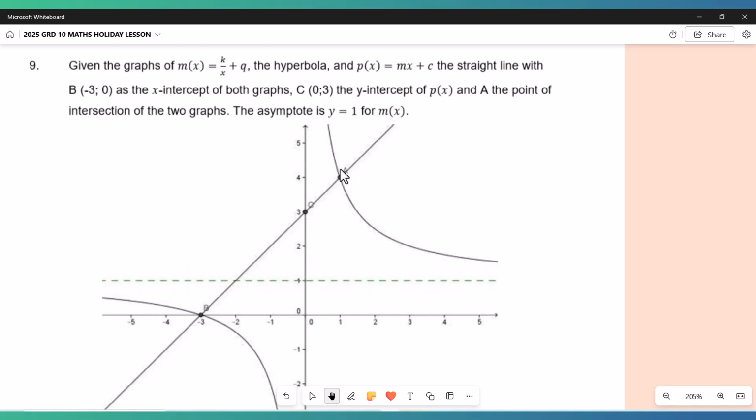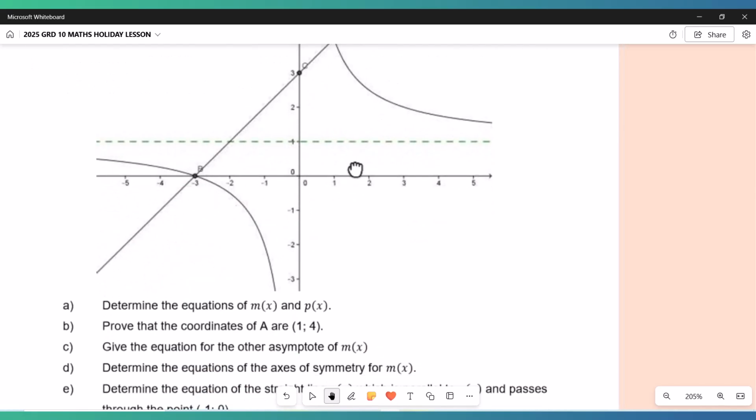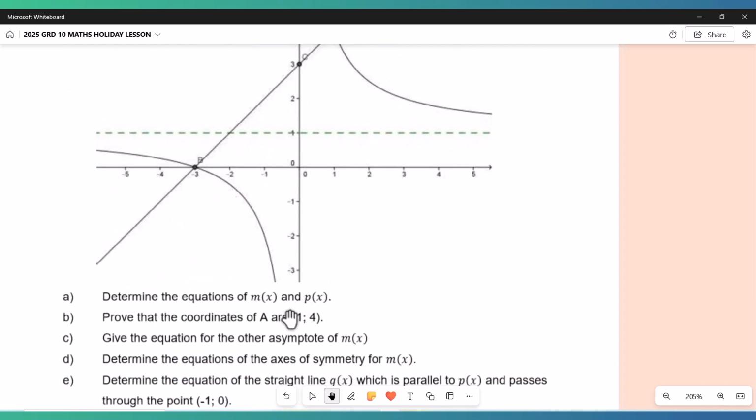The asymptote is y equals 1 for m of x, the hyperbola. And so what must we do? Determine the equations of m and p.